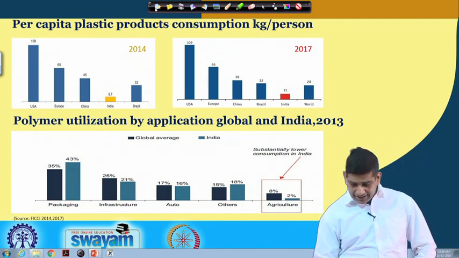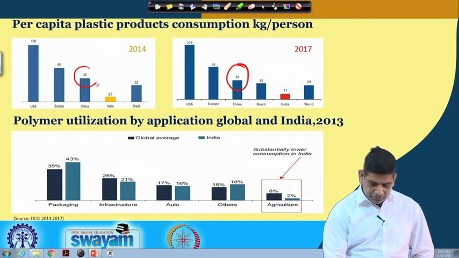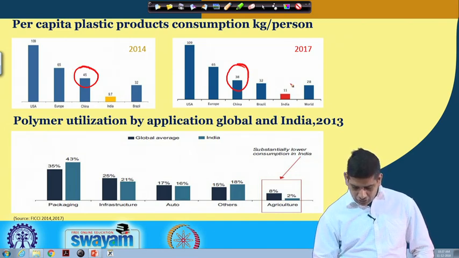Then we had a slight increase in 2017, as you can see. For the US and Europe, it hasn't changed much. In China, they have gone down a little bit, from 45 to 38. Brazil was 32 and 32, it remains like that. India has gone up.